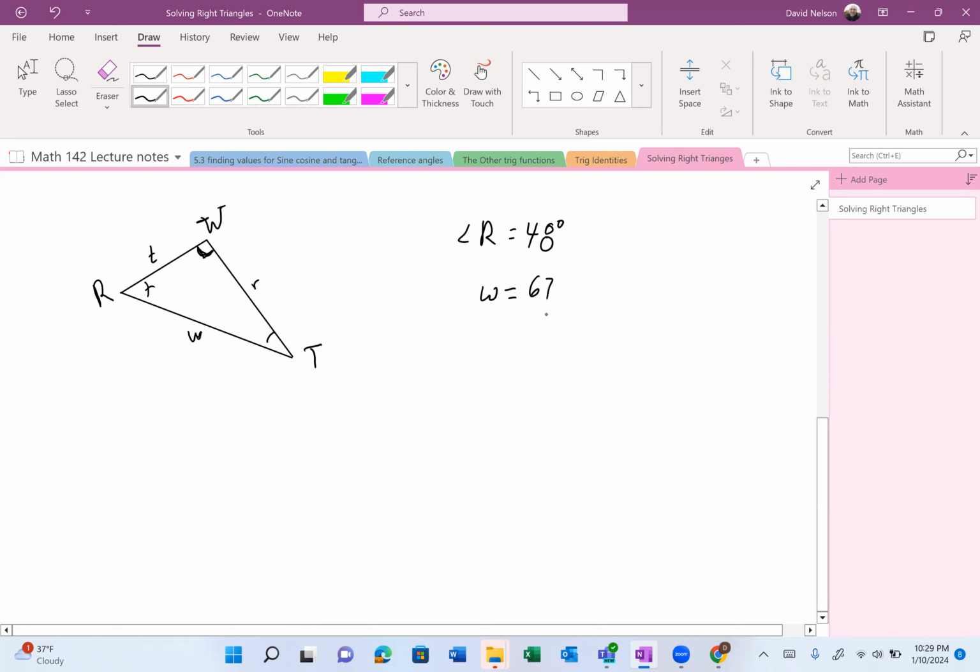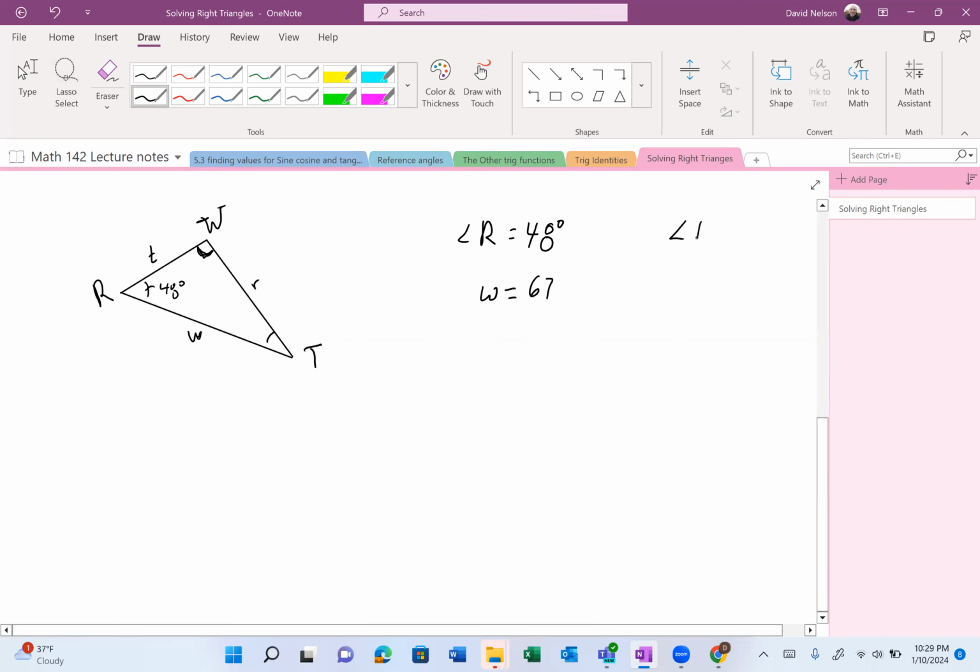So angle R is 48 degrees, and side W is 67 units long, whatever units you want to use there. So what I want to do is find the other values. I need to find side R, side T, and angle T.